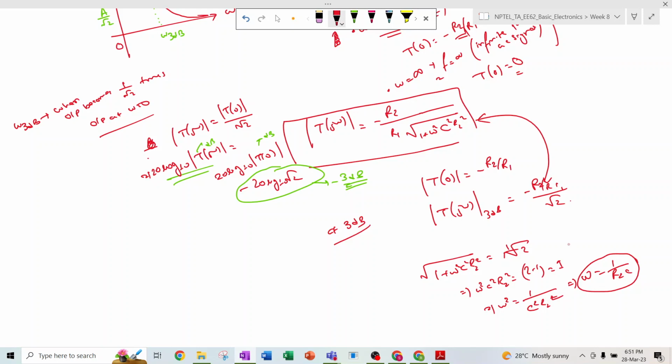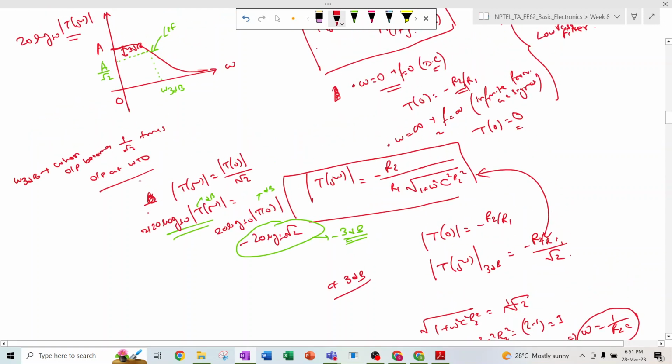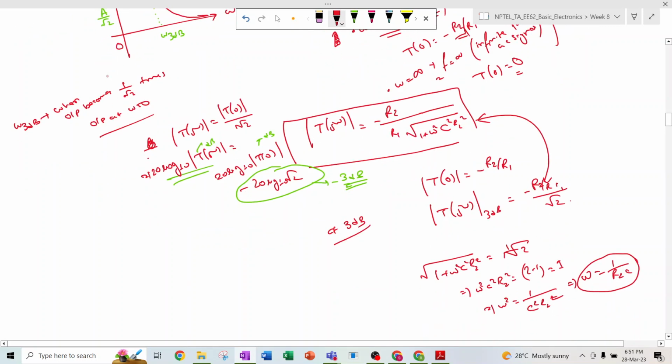So this is the omega 3 dB cutoff frequency at which the magnitude falls to 1 by root 2 times of this.